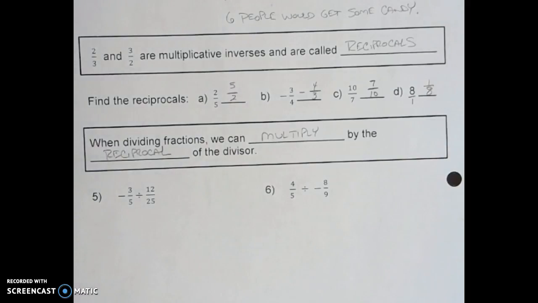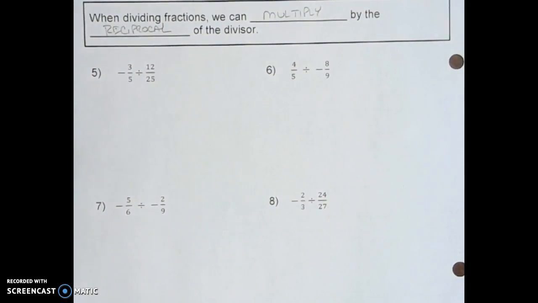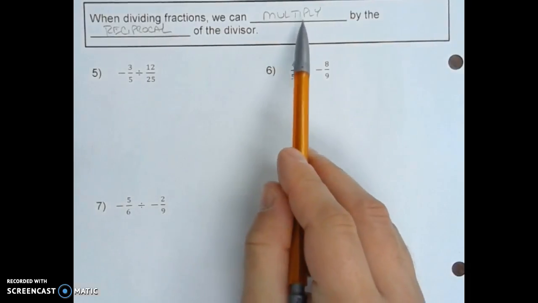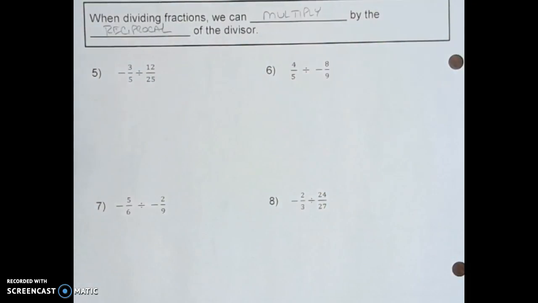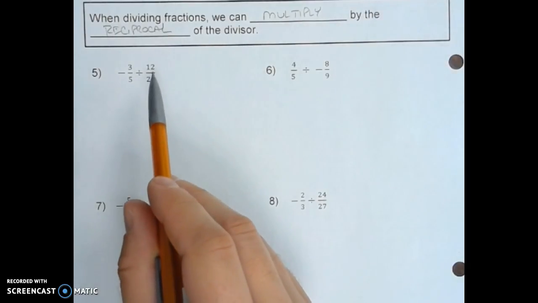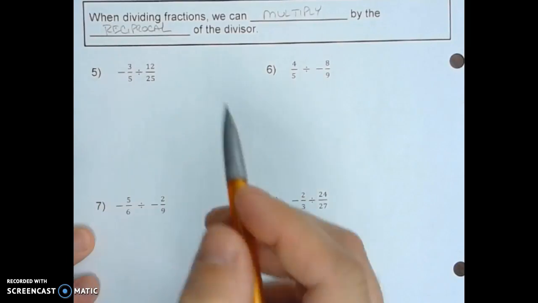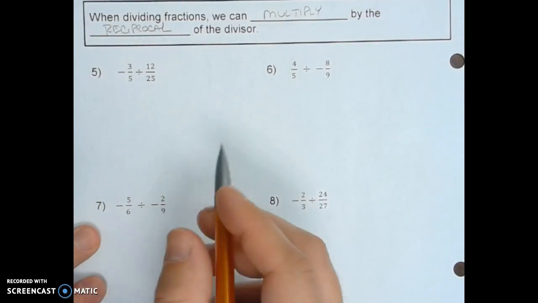We've multiplied fractions in the past, so we're really good at that. So we're going to take our division problems, and we're going to rewrite them as a multiplication problem. Again, we're going to multiply by the reciprocal of the divisor. And so in this first example, I have negative 3/5 divided by 12/25. Well, instead of doing this division problem, I'm going to rewrite it as a multiplication problem.